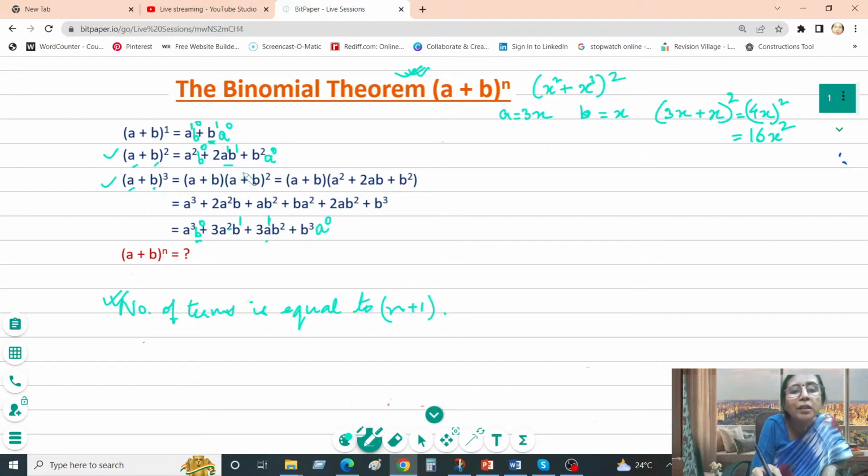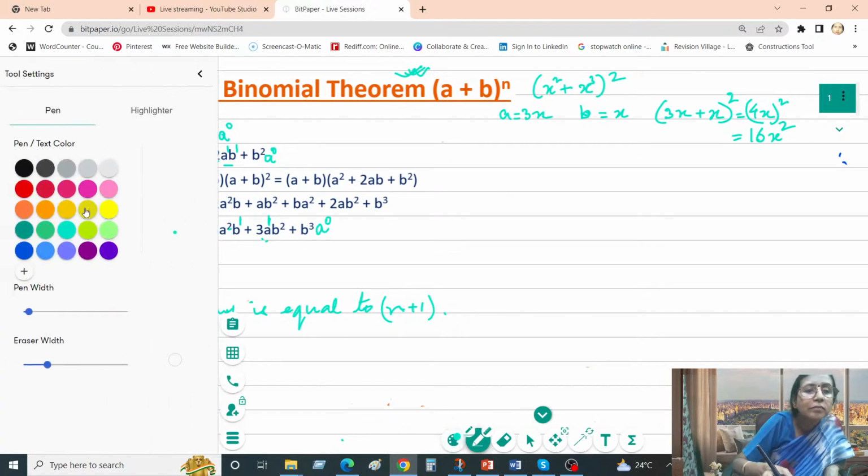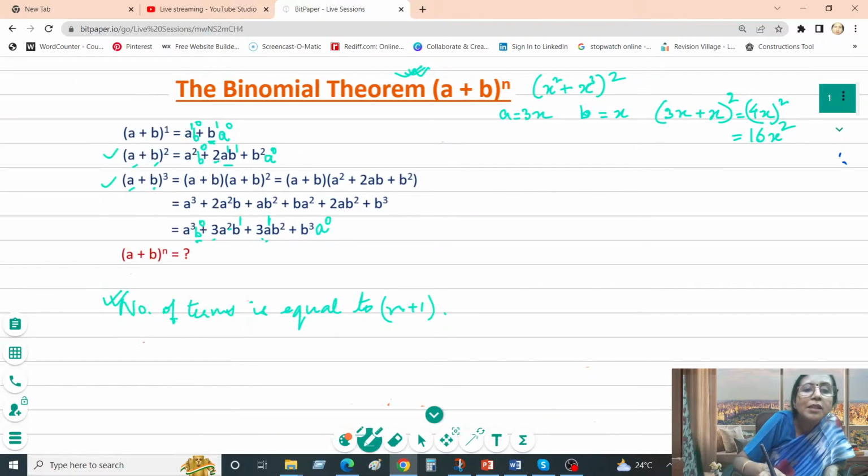Now coming to the numerical coefficients, like over here we are having this 2, we are having this 3, this 3. Also we are having the ones. Let me take another color. There is this one over here. There is this one over here.